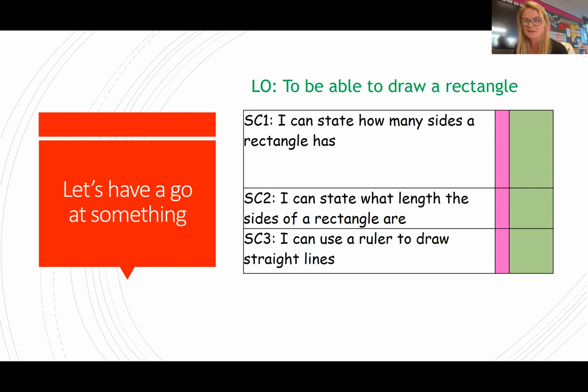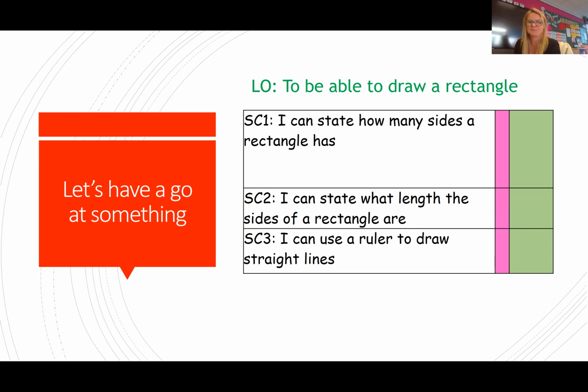Very impressive. So looking at these three things, knowing how many sides a rectangle has, what length the sides of a rectangle are, and using a ruler to draw straight lines, I would like you to pause the video and have a go at drawing the best rectangle you can.